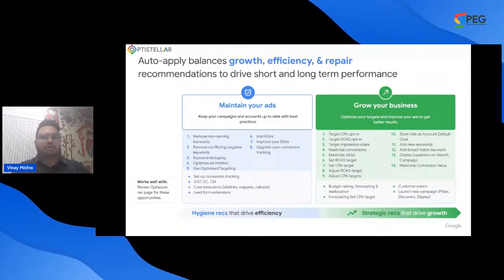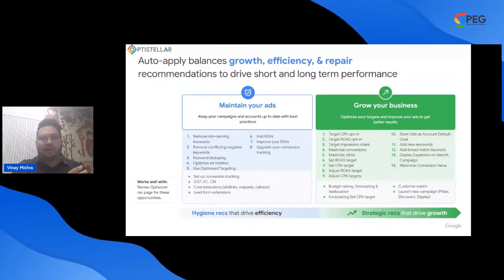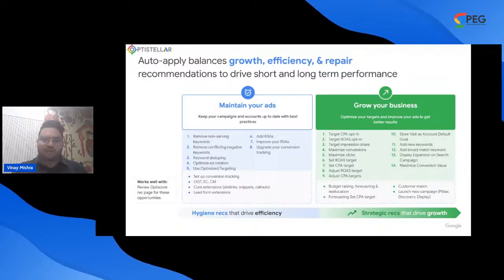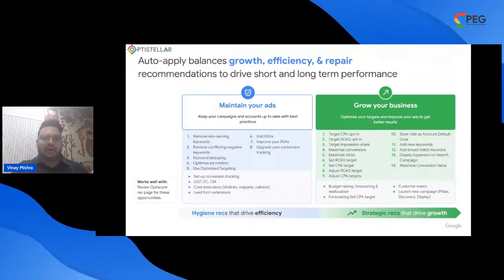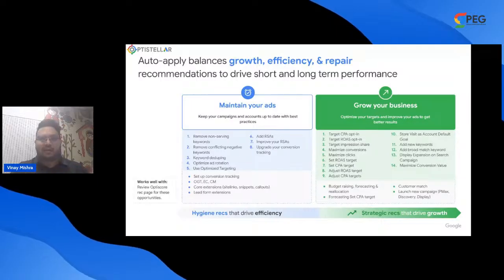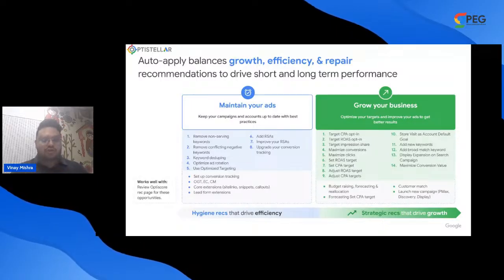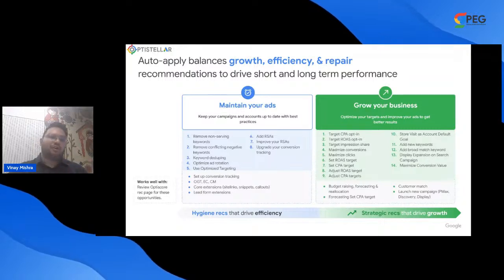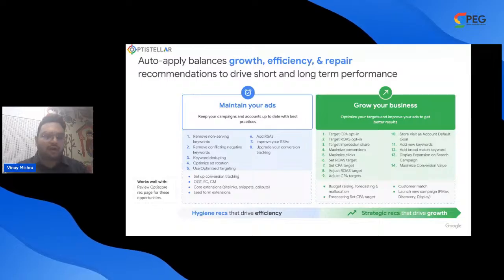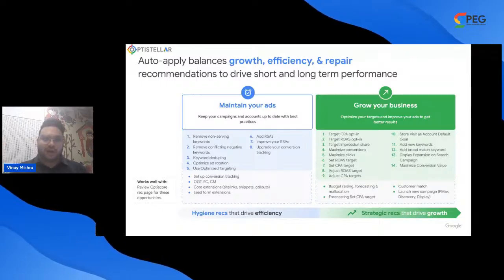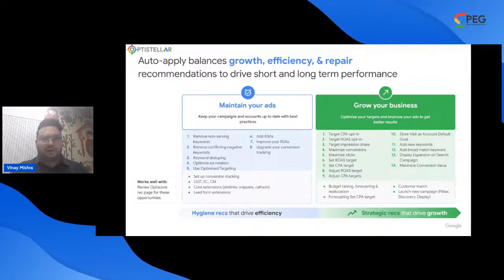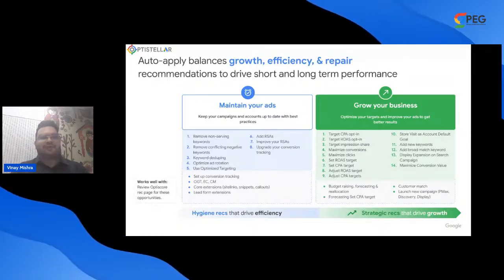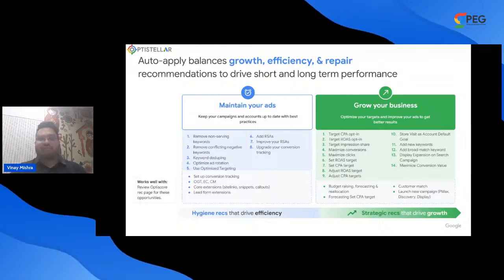So when you are selecting the maintain your ads feature, here we are more focused on removing the keywords which are not really serving, and at the same time removing the conflicting negative keywords which are stopping your ads from being served. You have the same keyword in your ad group and at the same time in your negative keywords, which creates a conflict and does not let that keyword serve your ads. And we have removing duplicate keywords and optimizing ad rotation and so on, which, as I've mentioned, focuses on the hygiene that drives efficiency.